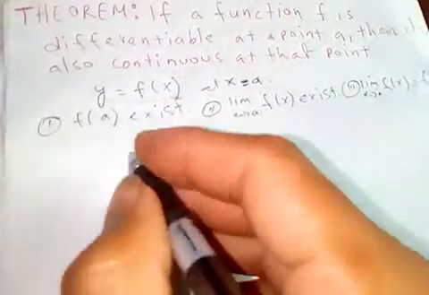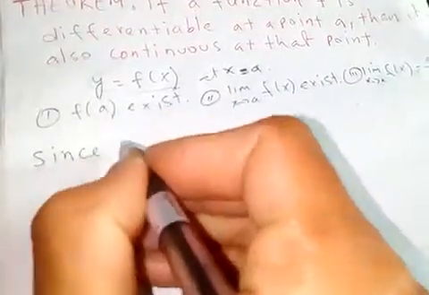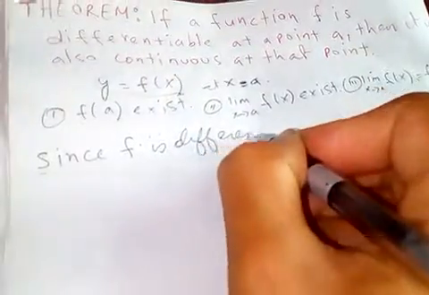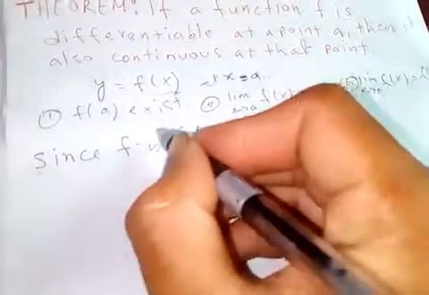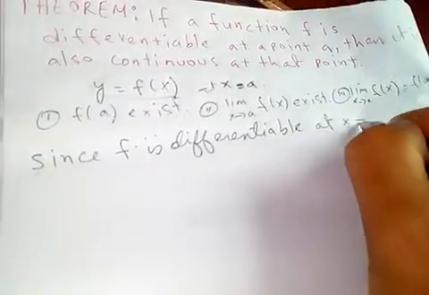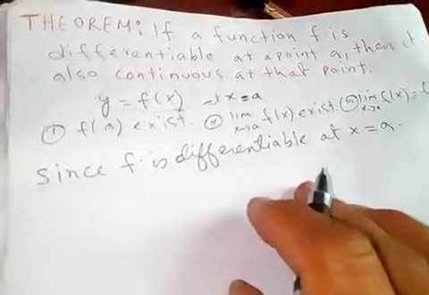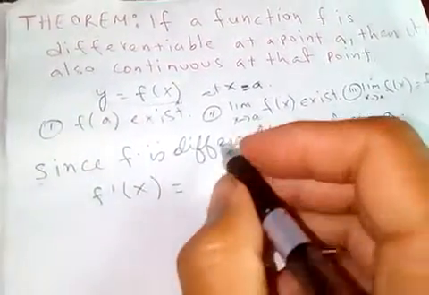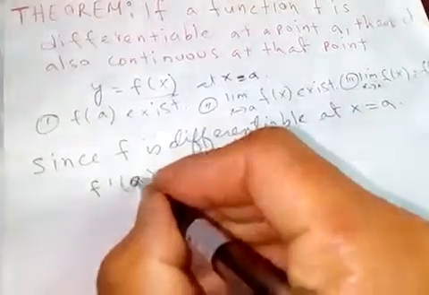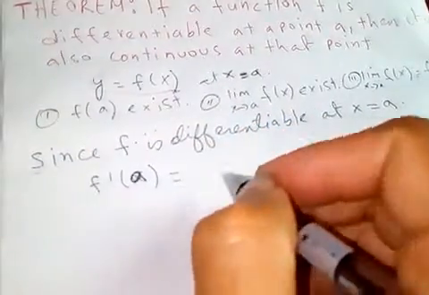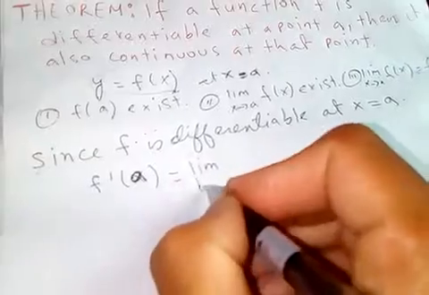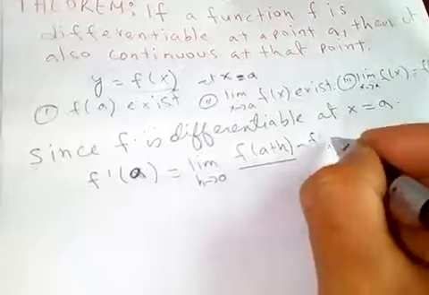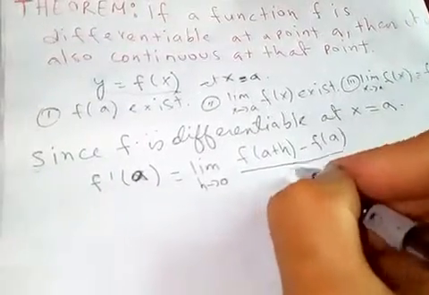Now since f is differentiable, the question says f is already differentiable at x equal to a. So from the definition, the derivative at point a is limit h tends to 0 of f of a plus h minus f of a over h.